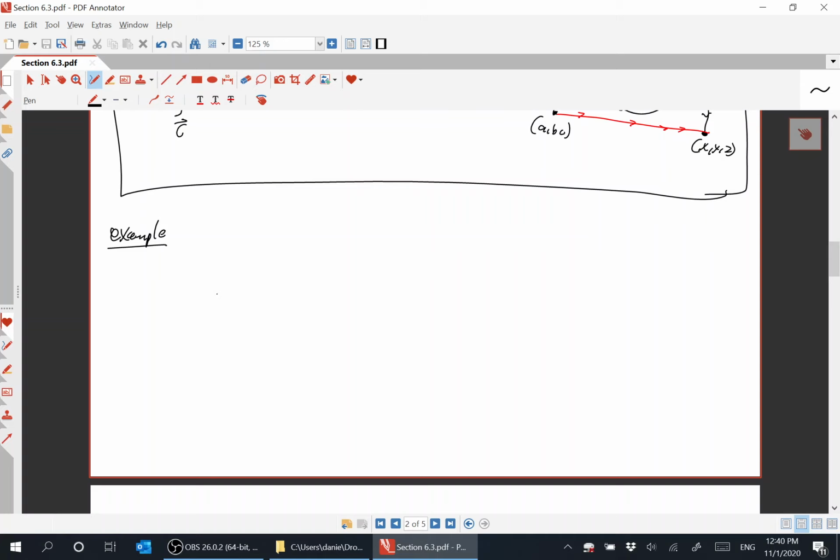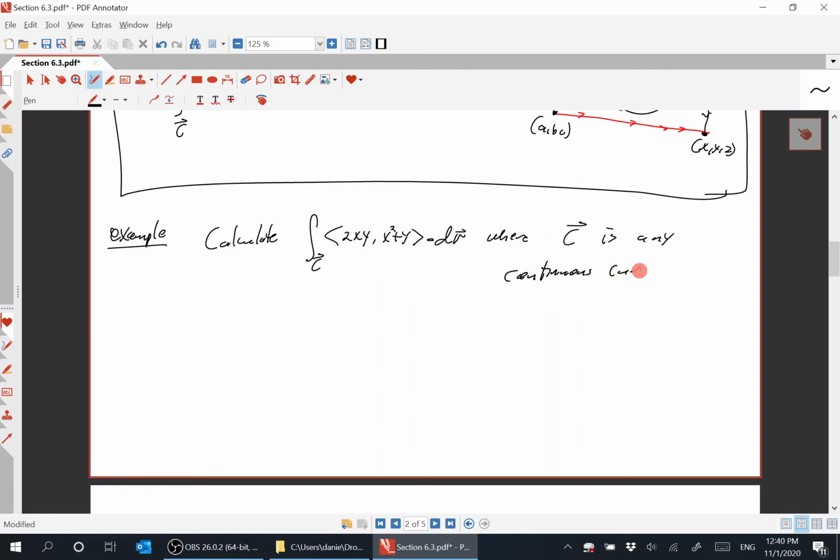So, for example, let's calculate the integral along C of (2xy, x squared plus y) dot dr, where C is any continuous curve from (0, 2) to the point (3, -1). It doesn't have to be smooth.